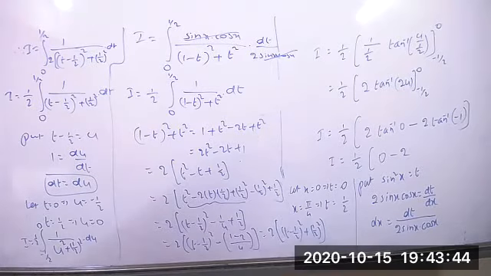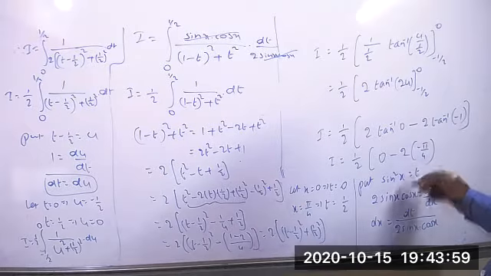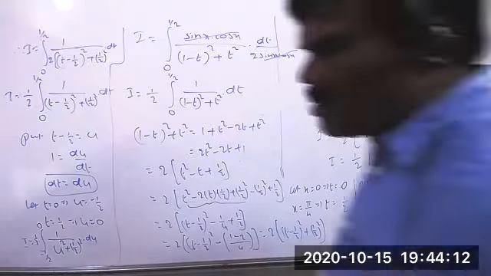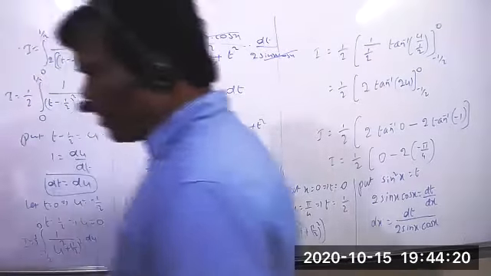Tan inverse of minus 1, please tell me. Minus pi by 4. So you can write now minus pi by 4. But we got minus pi by 4 as the answer. Anywhere if we made a mistake, you can check it, but the final answer will be pi by 8.